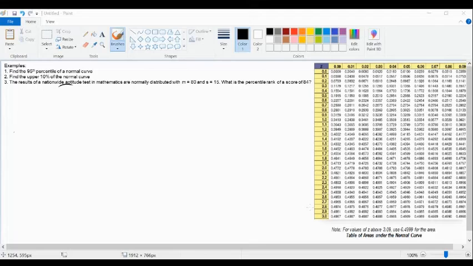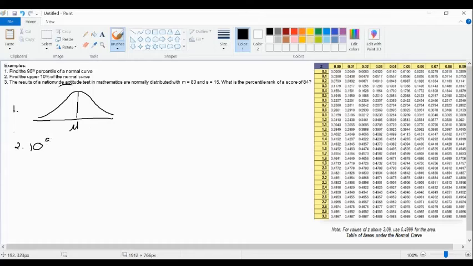Example number 2. Find the upper 10% of the normal curve. So, step number 1, we're going to draw the appropriate normal curve. Okay? So, this is your mean. For the second step, express the given percentage as a probability.